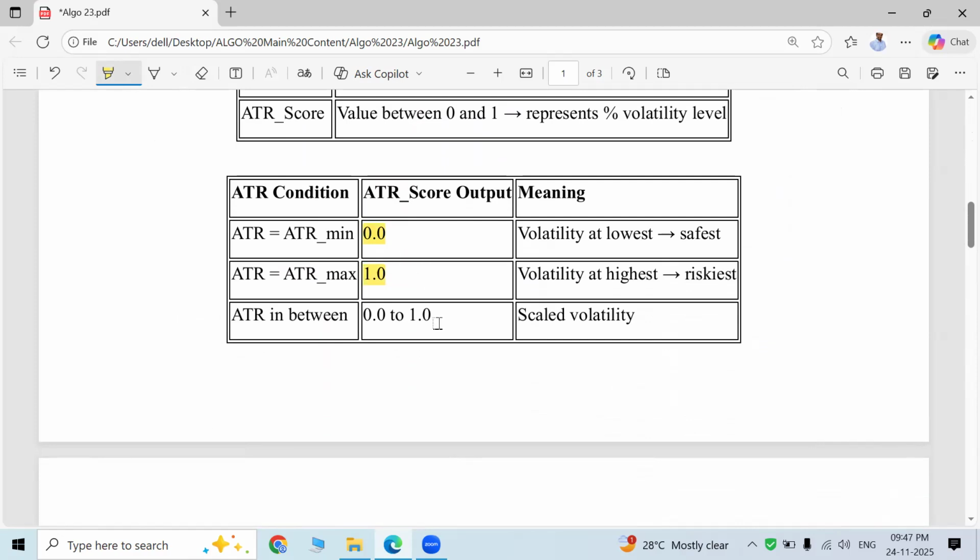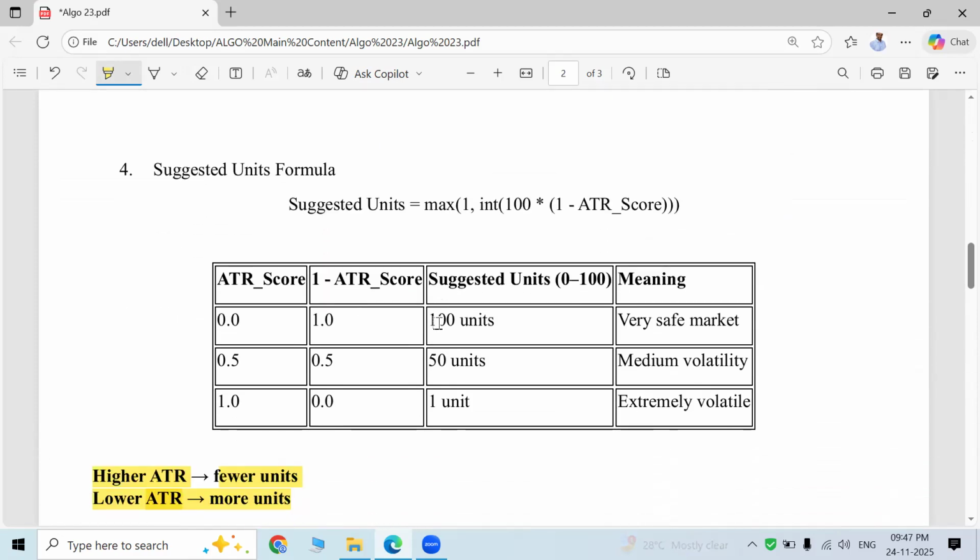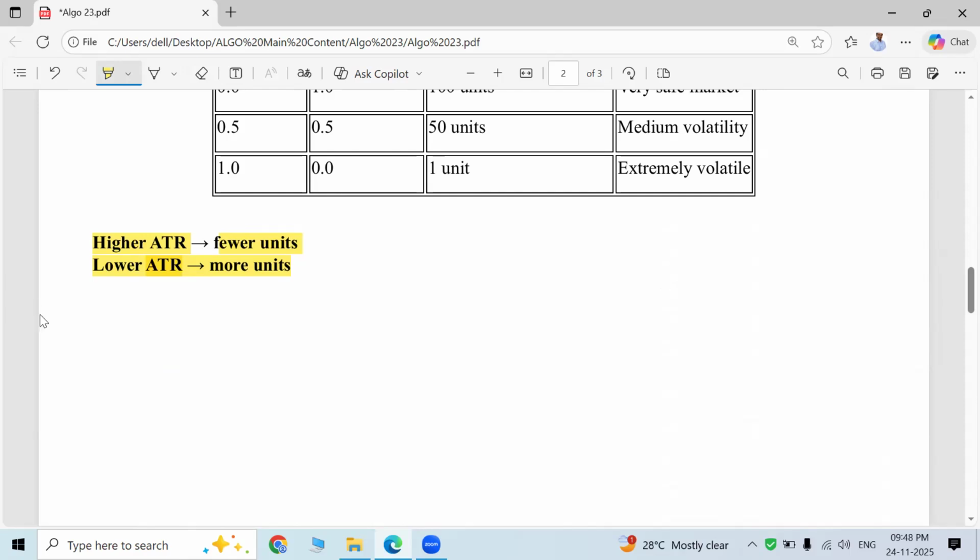If the ATR is near 0 or it is 1, then this formula is going to give us the exact quantities to trade in the market. If the ATR is high, then we are going to trade fewer units. If the ATR is low, we are going to trade more units.